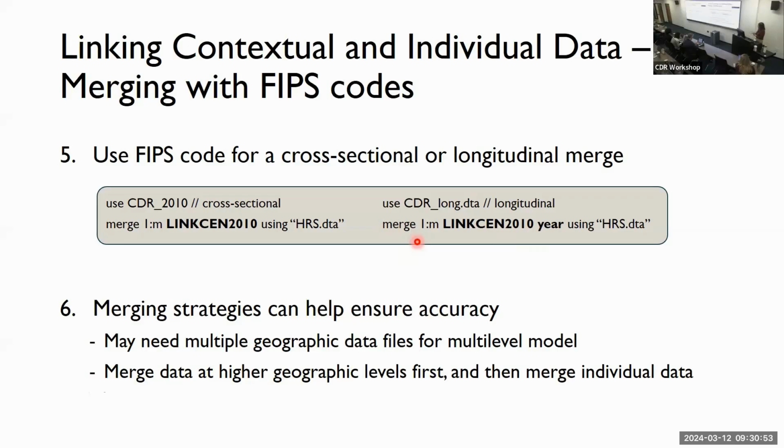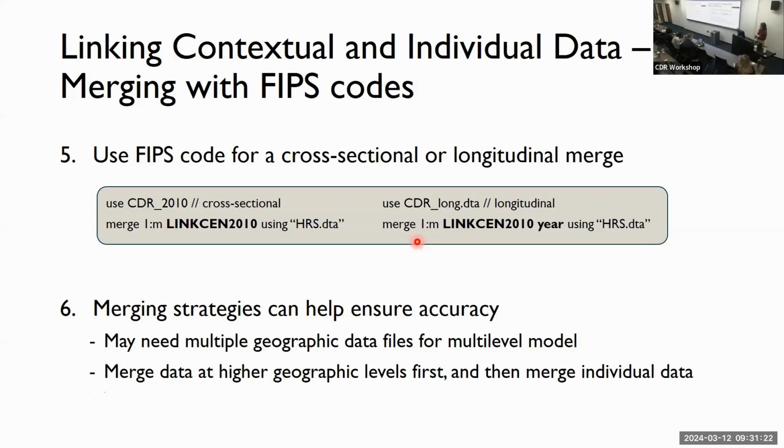And then finally, we have some strategies that we've employed to make sure that we're merging accurately and correctly across these geographic data files. So for instance, something that came up yesterday that a lot of people would mention in the Q&A of the different research projects was that you wanted to think about urbanicity, or you wanted to think about differences in affluence and disadvantage or something like that.